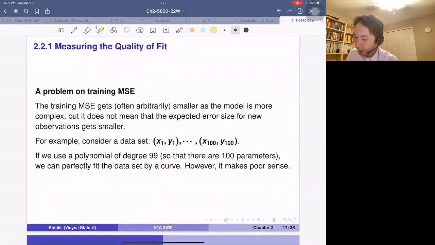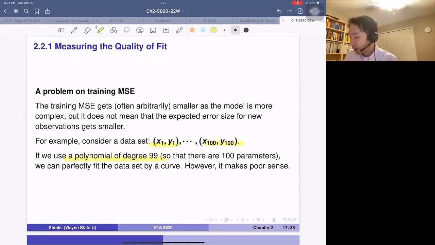And the problem with training MSE is that it gets smaller as the model is more complex. But it does not mean that the expected error size for new observations gets smaller. For example, suppose that we have 100 data points, and we consider a polynomial of degree 99.